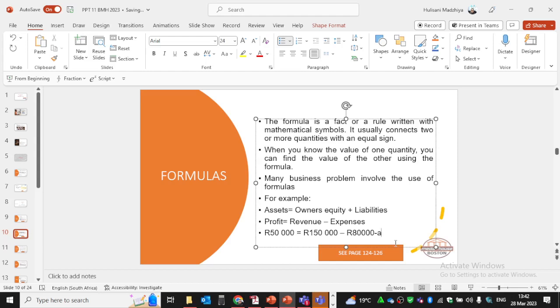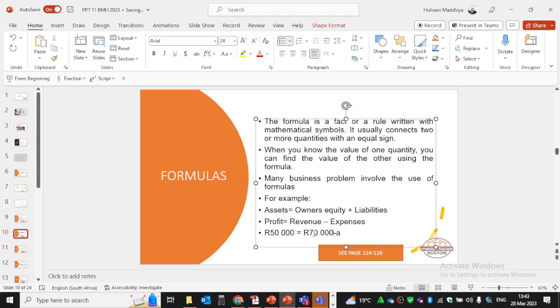So we're now using the formula, which started as an equation, to actually solve a business problem. Then from there, you're going to have what we call 150 minus 80,000. So all of these you're going to calculate with your calculator. And then 150 minus 80,000, you'll be left with 70,000, which is going to be a positive, minus A. And then you want to transfer the 70,000 from this side to the other side.